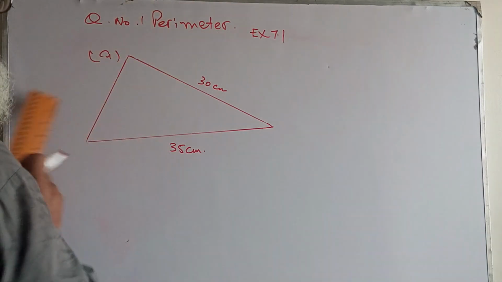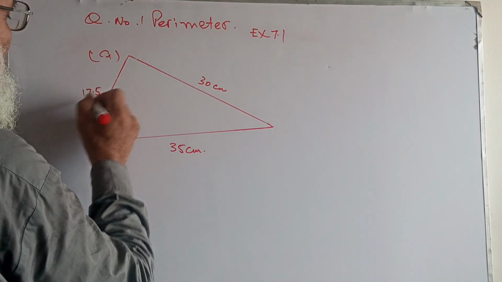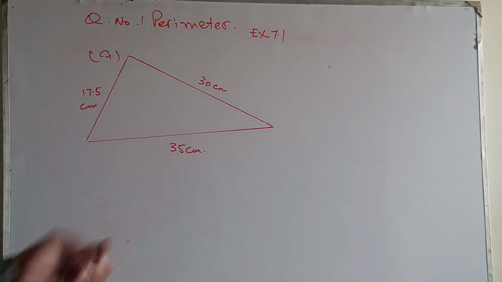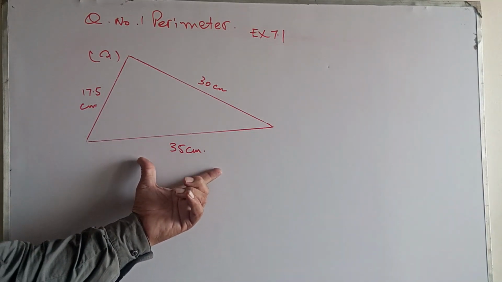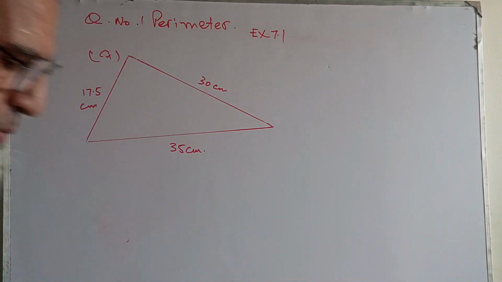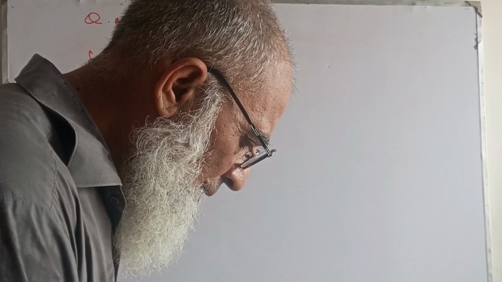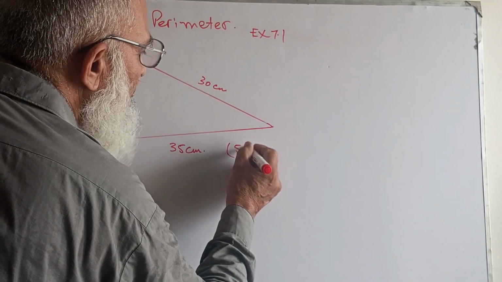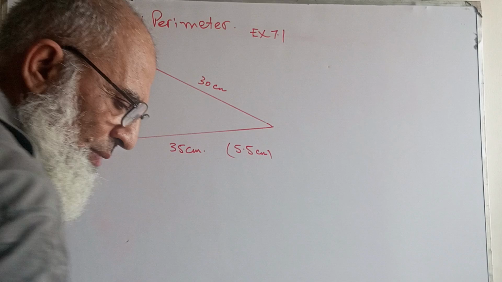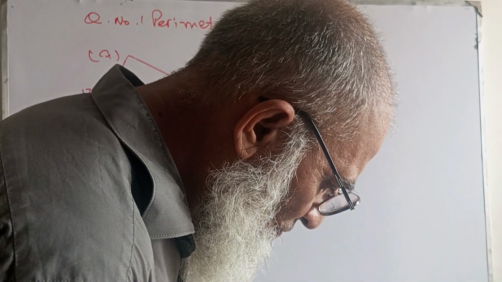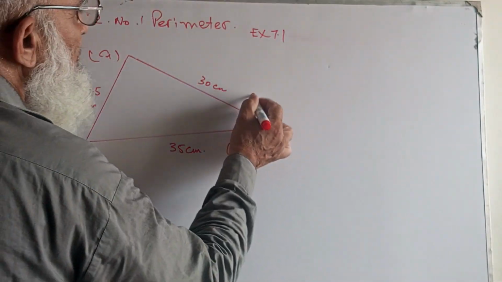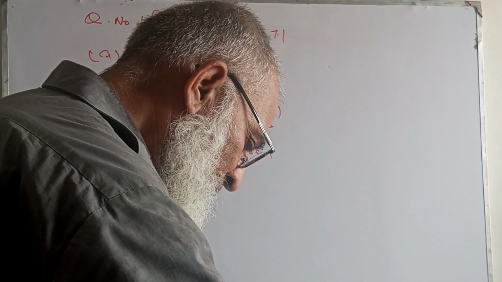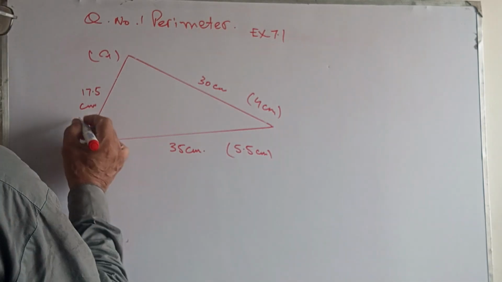It is 17.5 centimeter. Now, my dear students, it is not the measure which is in the book. In the book, it is 5.5 centimeter. Here it is 4 centimeter. And 3 centimeters is over here.